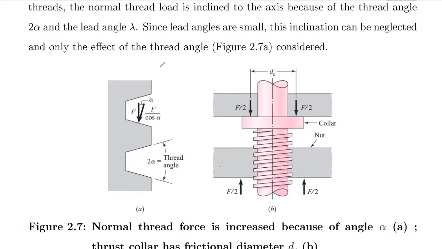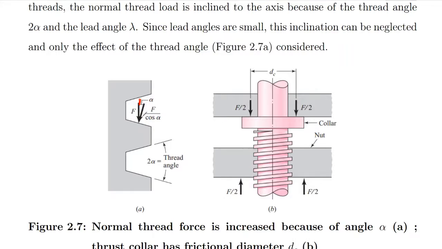In this case, we have an Acme thread, and the load to be carried or lifted, F, is acting in this direction. Then there is the angle alpha, which is the angle between the line of action of that load and the normal to the surface of the thread.